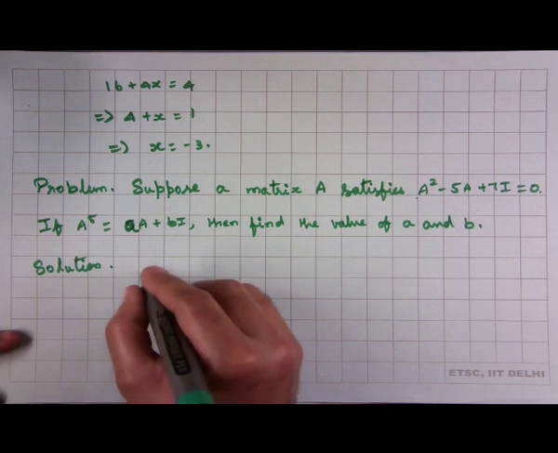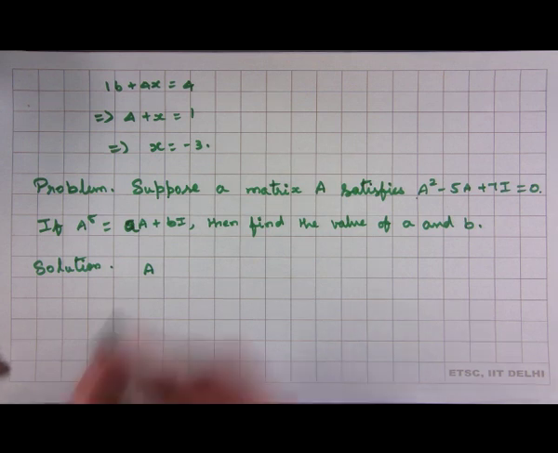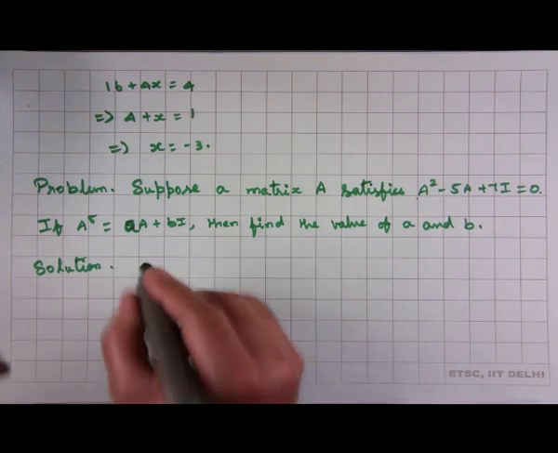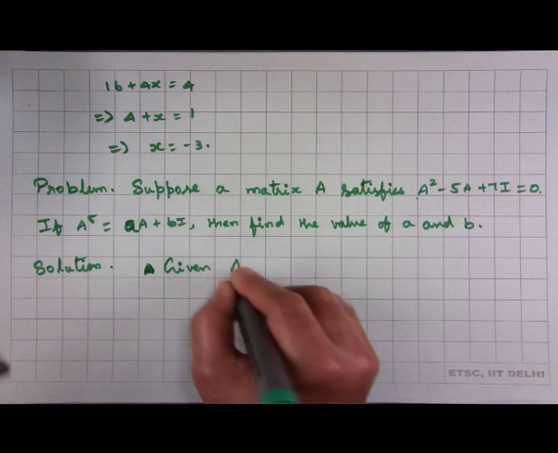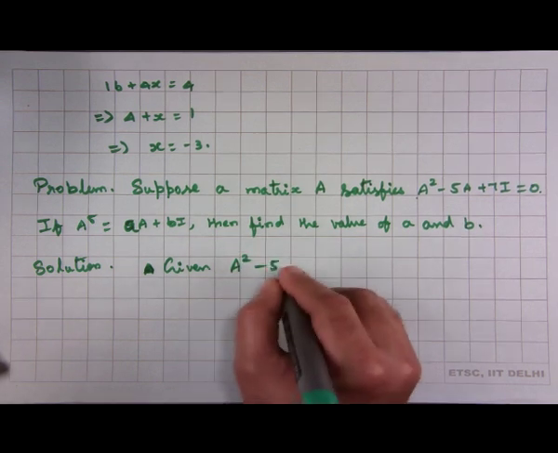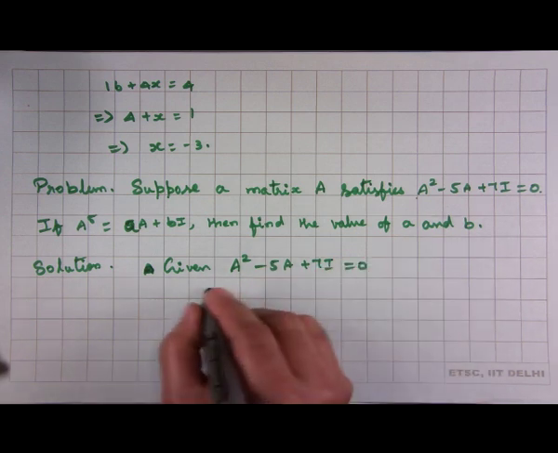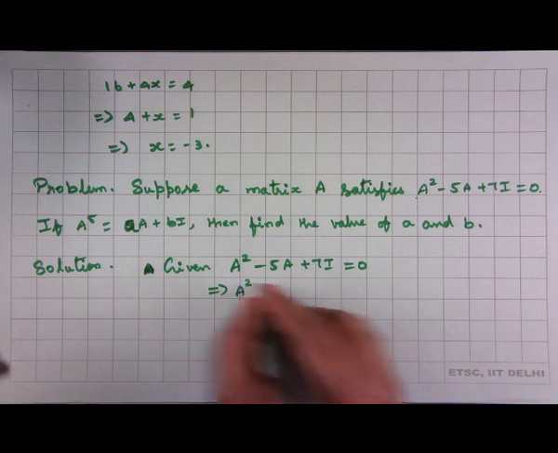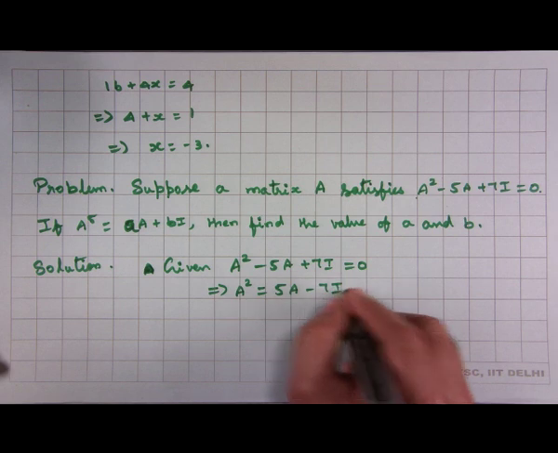Given A squared minus 5A plus 7I is 0, that implies A squared is 5A minus 7I.